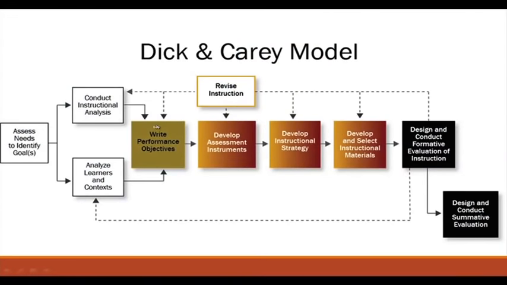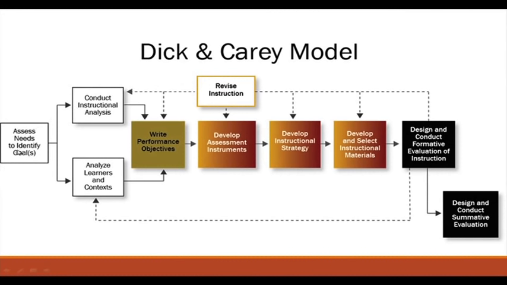What is the instructional strategy? Develop and select instructional materials. What instructional materials are used if the learning goal is this? Then design and conduct formative evaluation of instruction, revise instructional design, and conduct summative evaluation.